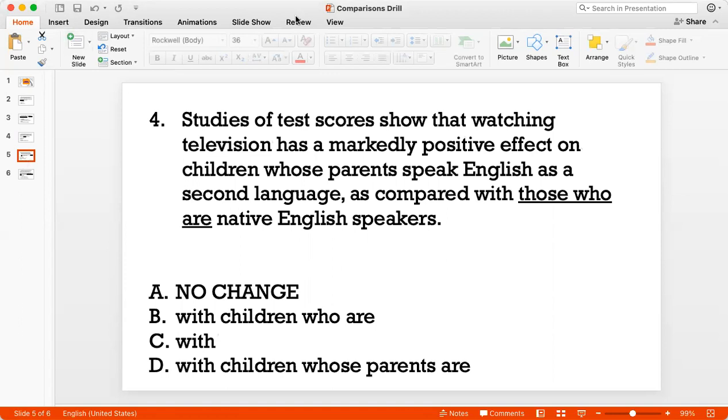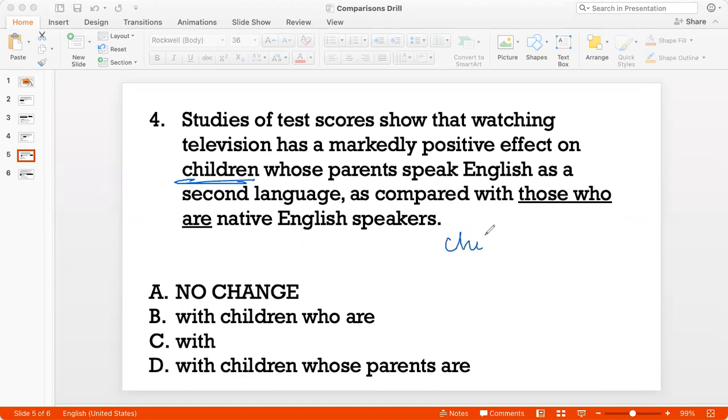Now, this is an interesting question because I have a comparison, but it's sort of a complicated comparison. I'm talking about test scores and I'm comparing children whose parents speak English as a second language with children whose parents are native speakers, right? Because that's the valid comparison.